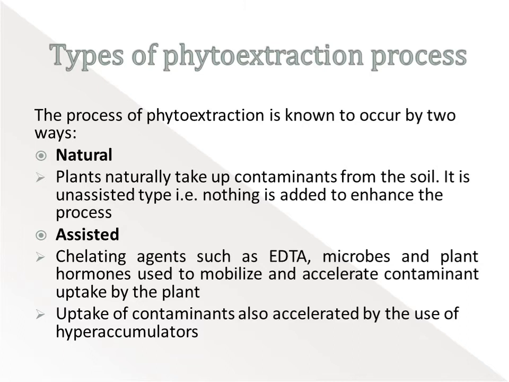Here the plants used in the assisted type are also hyperaccumulators, which have the capability to accumulate more and more contaminants into their tissues. So these are the two ways by which the phytoextraction process can take place.